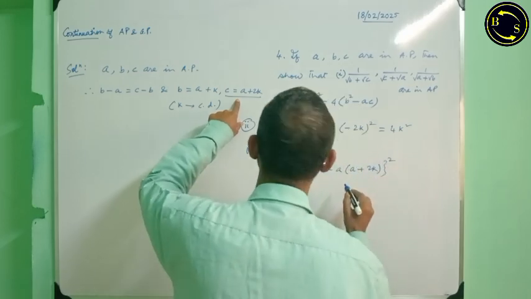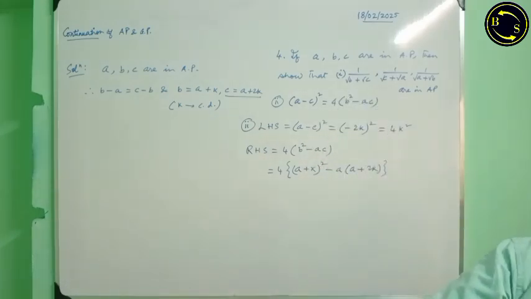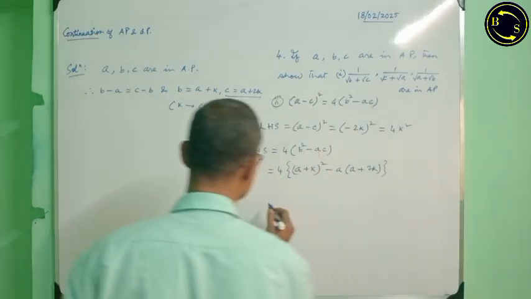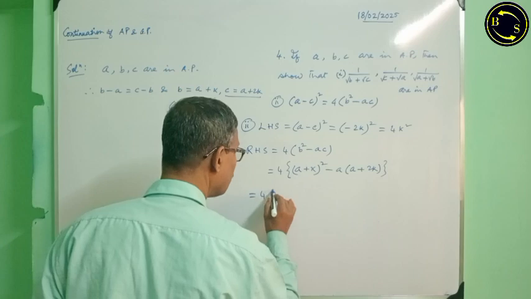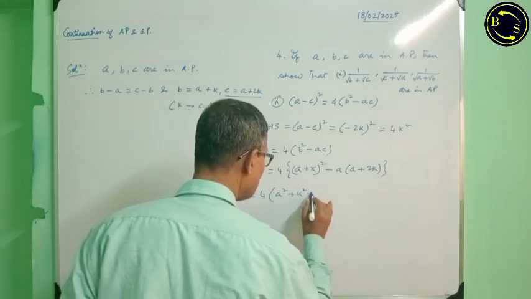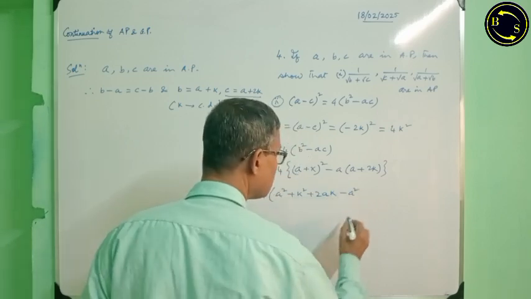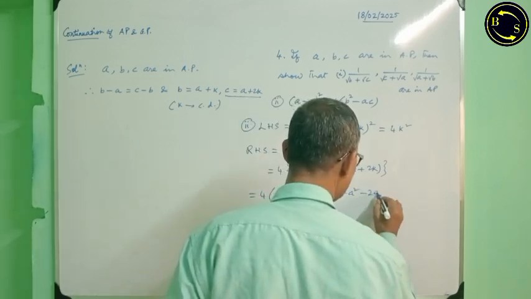Now we simplify: A square plus K square plus 2AK minus A square minus 2AK.